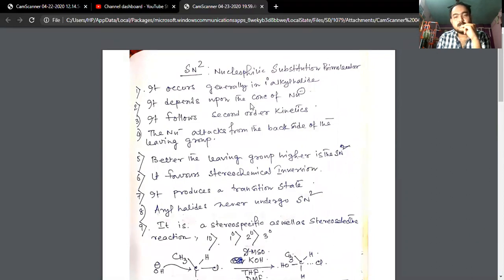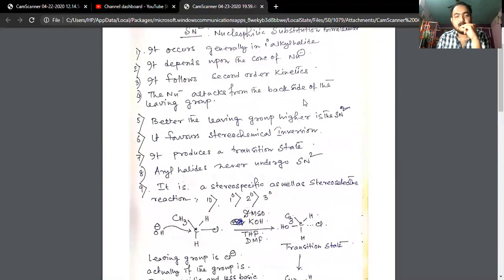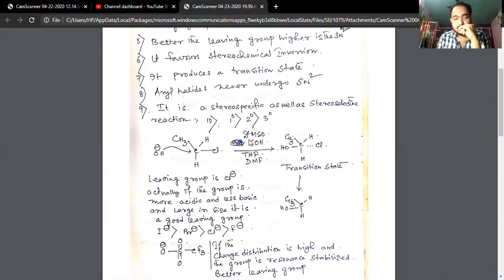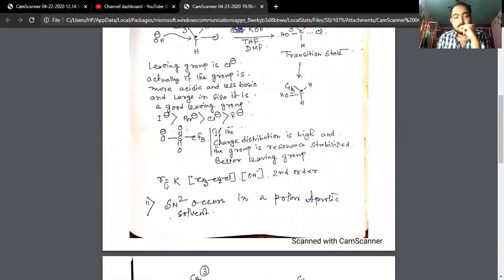Now the next point: it depends upon the concentration of the nucleophile. What happens here? The nucleophile comes from KOH, K plus and OH minus. If you decrease the concentration of KOH, then the rate of the SN2 reaction will also decrease. Now see here, R stands for the rate of the reaction and K is the rate constant.